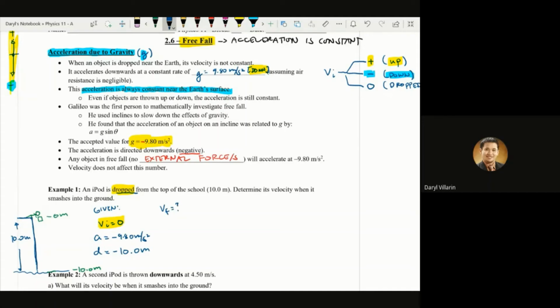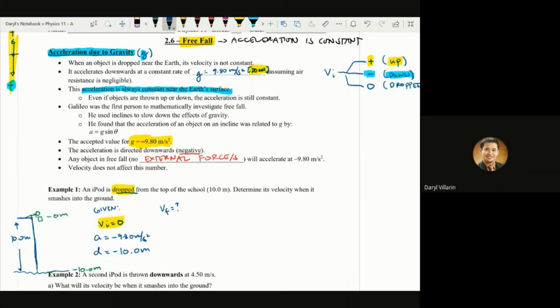Now, what are the equations that we can use here? Well, in our discussion on 2.4, those are displacement equations, and displacement equations are applicable if the acceleration is constant.